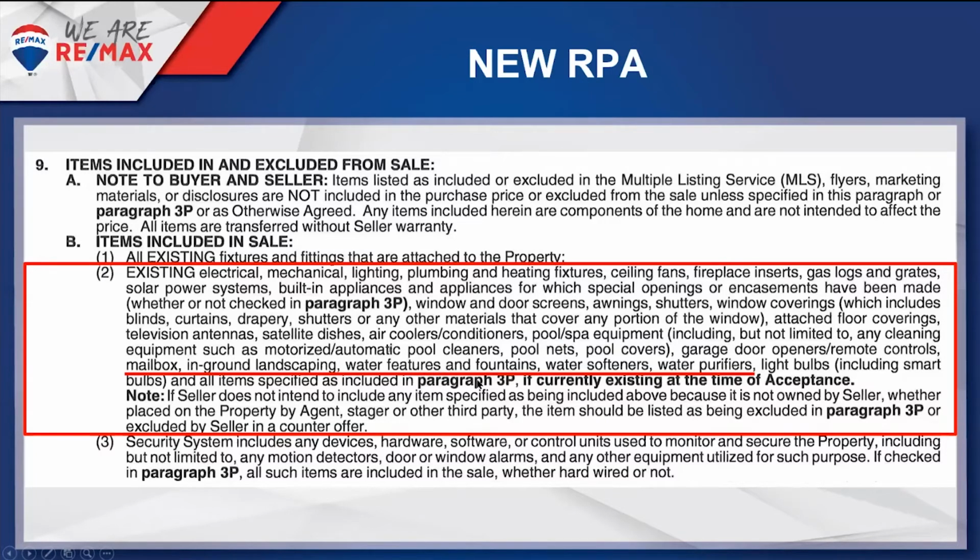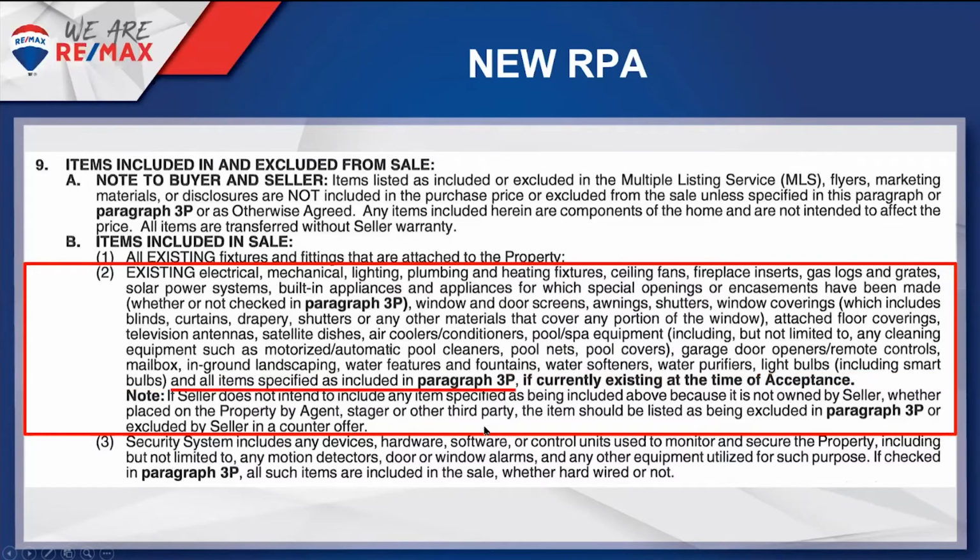Gee, is the water feature, does the fountain convey or not? Yes, it does, because it's in the boilerplate here of 9B2. Water softeners, water purifiers, light bulbs, including smart bulbs. I've actually had a buyer call me and complain that seller took all the bulbs out. I don't know. But contract says light bulbs stay.